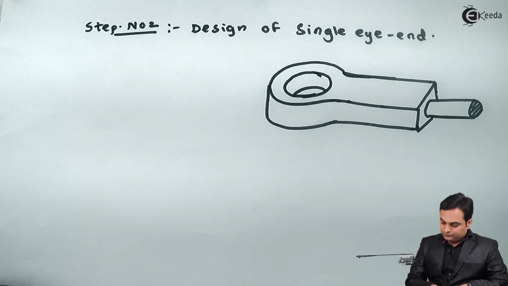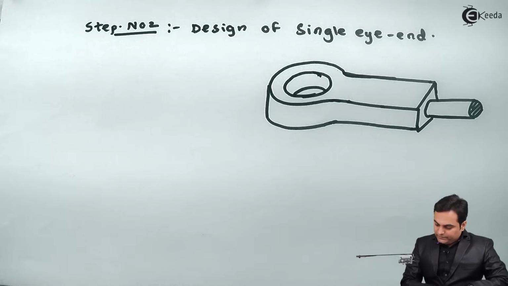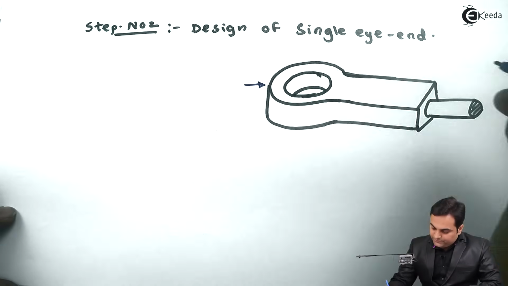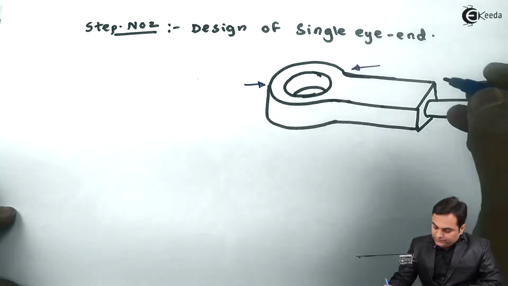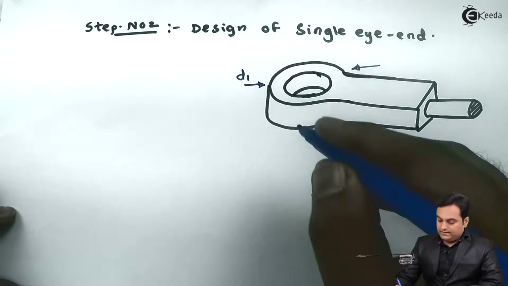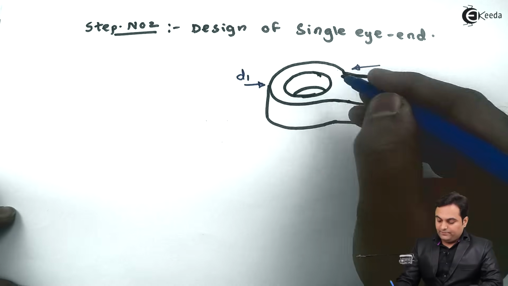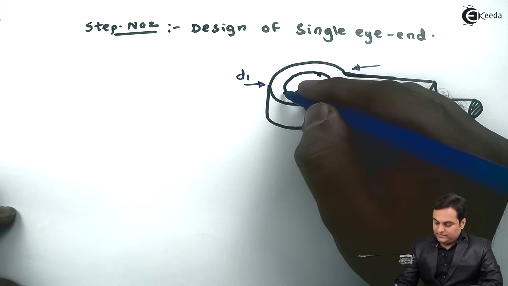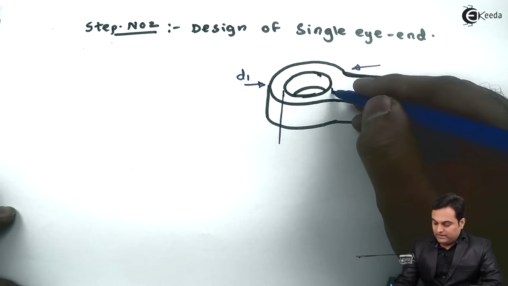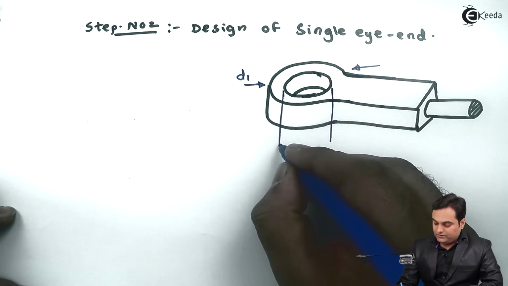Now I'll say that let this outer diameter of the single eye end be denoted by D1, and this inner diameter is nothing but the diameter of knuckle pin. Here I'll say that this is the diameter of knuckle pin denoted by small d.